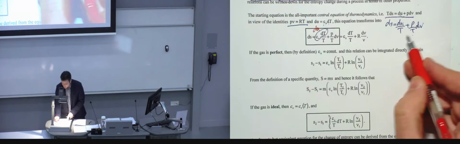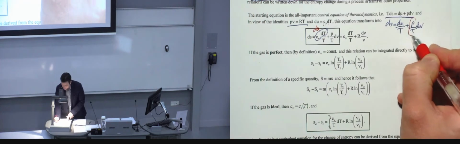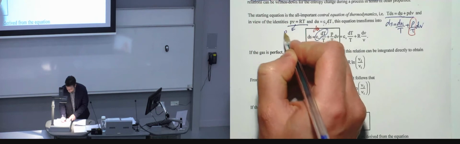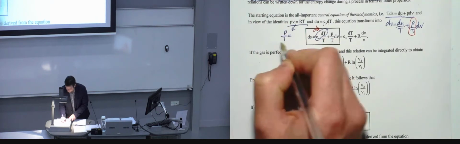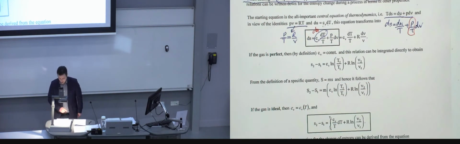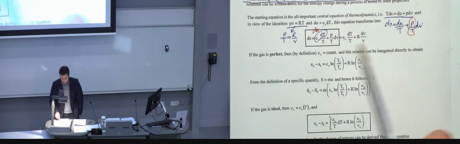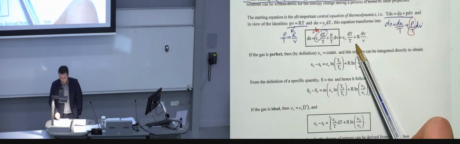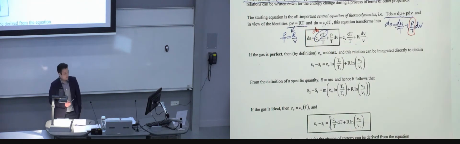And the other thing which you can do, you can replace P over T by R over V, because P over T gives you R over V. Again, that equation is in your formula sheet. Now, that is a generic equation which relates Cv and R to the change of entropy.